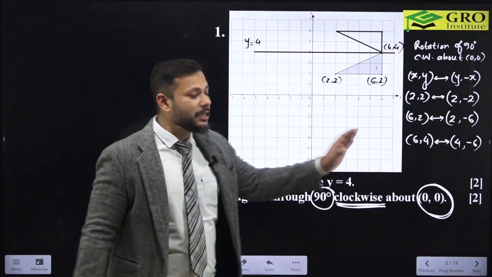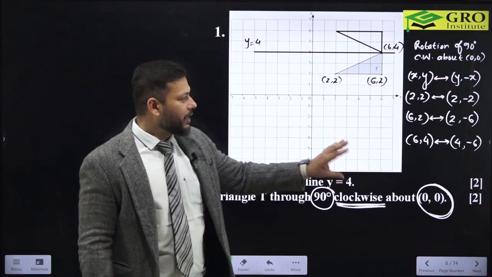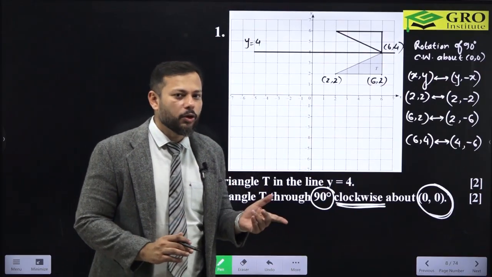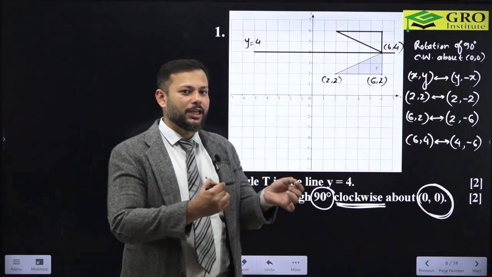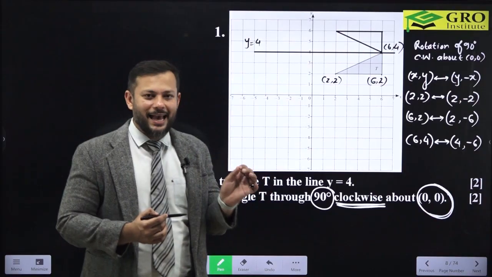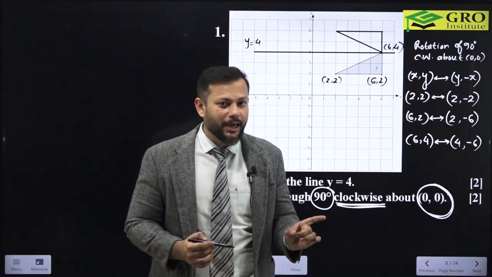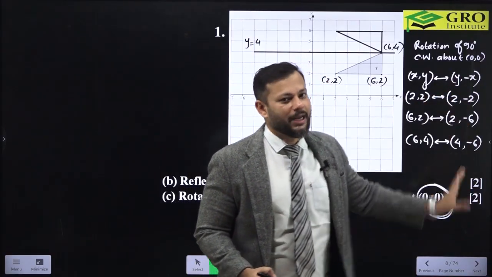So guys, these are the coordinates of the rotated triangle that we are just about to plot. I hope you are clear. For a 90 degree rotation clockwise about the origin, simply interchange the coordinates, make x as y and y as x, and also do not forget to put a negative sign to the new y coordinate that you will get.